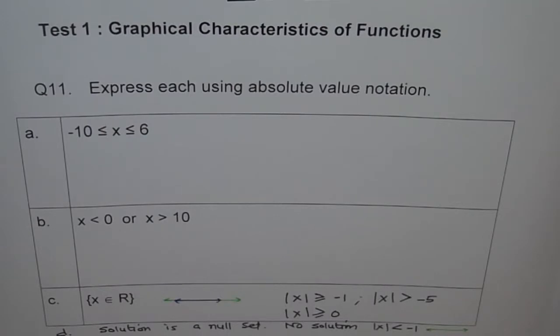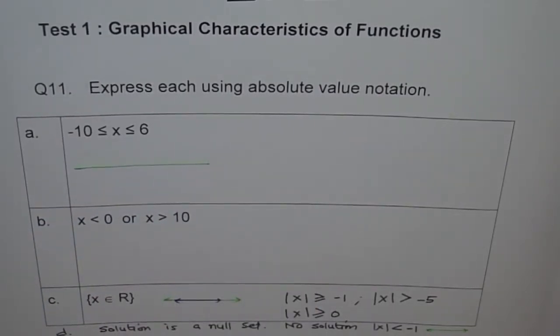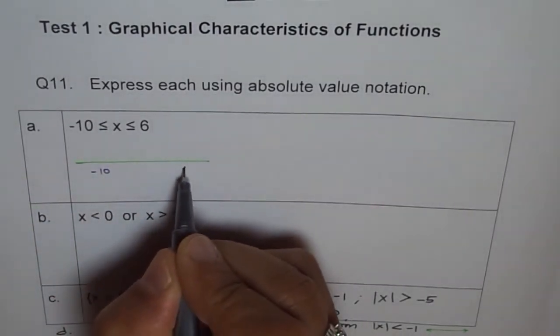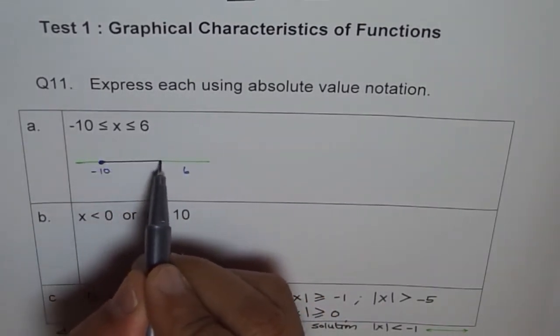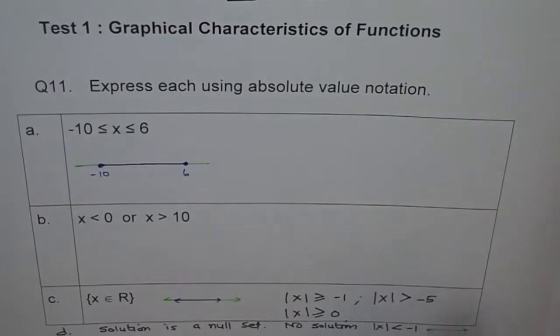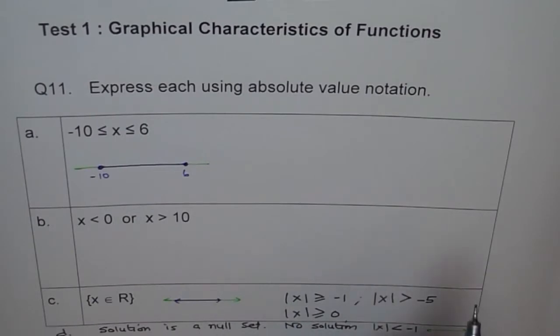Now, let's get back to question A. In question A, we are saying that on a number line, our value of x is between minus 10, let's say this is minus 10 for us, and let us say this is 6 for us, including both. By definition, when we are looking at an absolute function, we are looking for a center value, and both the ends should be the same distance away.